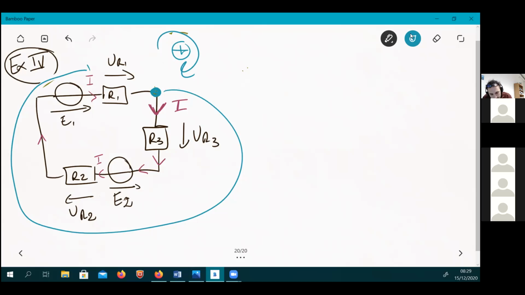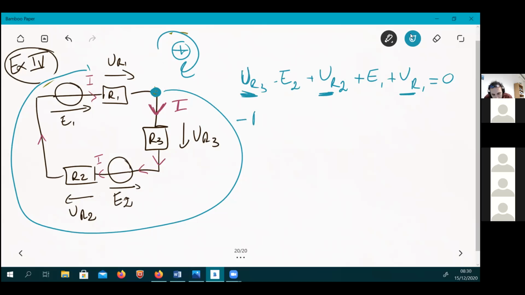So I get UR3 minus E2 plus UR2 plus E1 plus UR1 equals 0. Now, since I'm using the generator convention, I know that all the voltages between the terminals of the resistor are going to be negative.